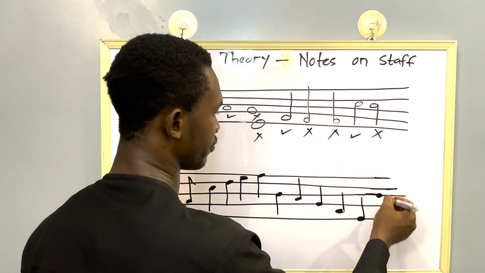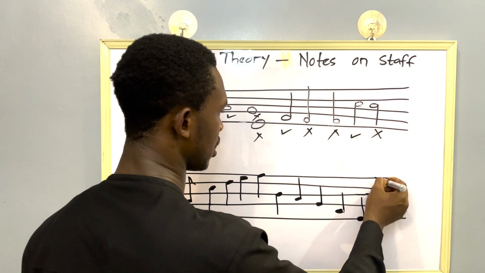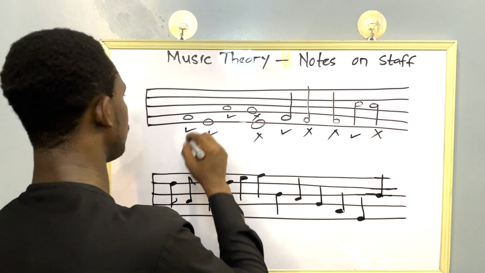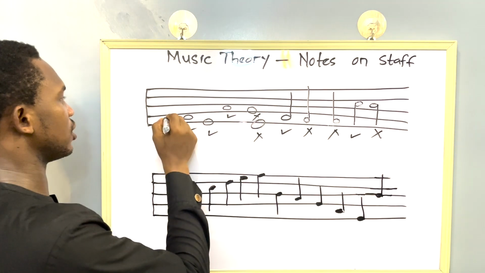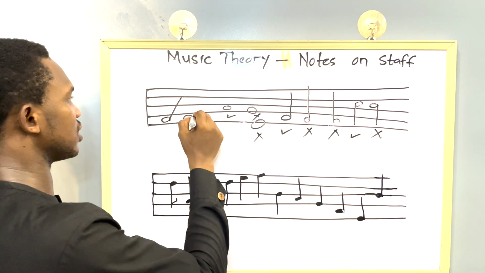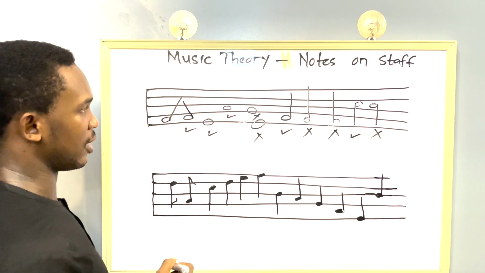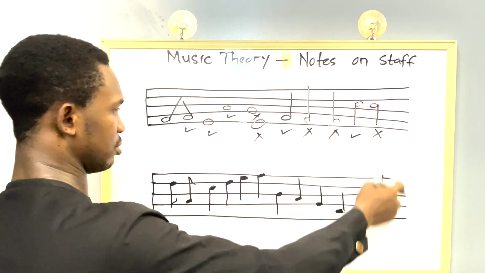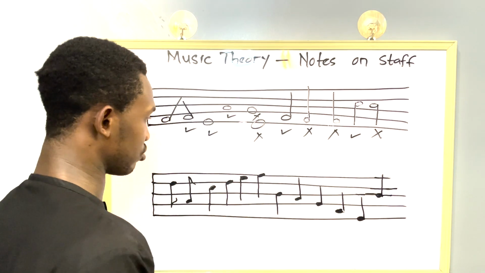Maybe it's because of the way I'm standing, but this should go straight up. Whenever you draw a stem and it slants like this, or like this, it's wrong. So it is important that it goes straight up or straight down.